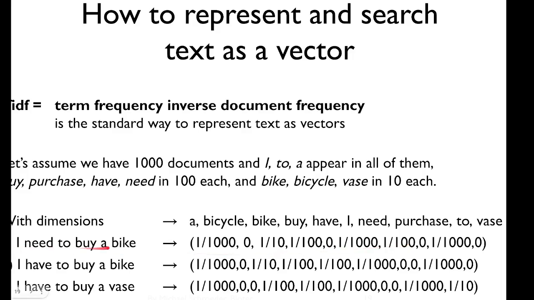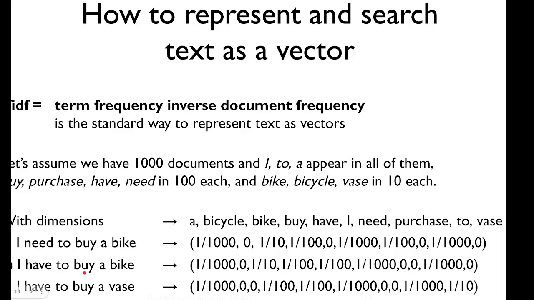And that means now we have here these three sentences. I need to buy a bike, I have to buy a bike, and I have to buy a vase, in which the Euclidean distance without the IDF part before would have made no difference between B and A and B and C, because for each comparison, one word is different. Here, need and have is different, and there, bike and vase is different, and the rest is the same.